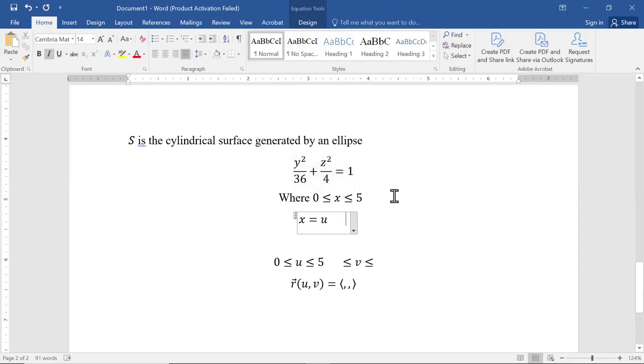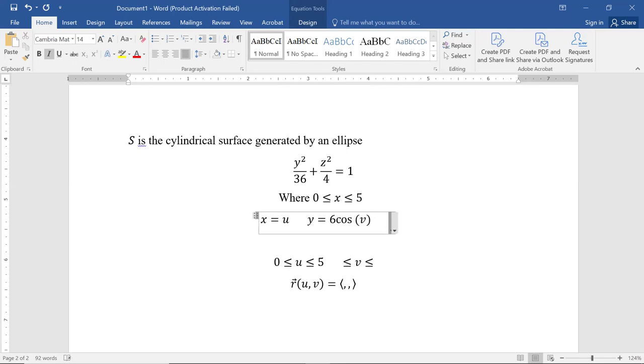And it turns out if I put 6 times cosine of v as my y value, then when I plug it in here, 6 cosine of v squared divided by 36 is going to give me just cosine squared.